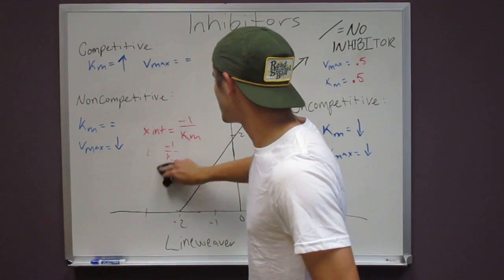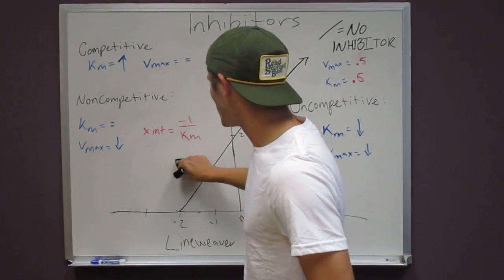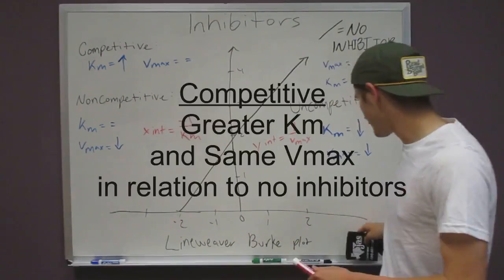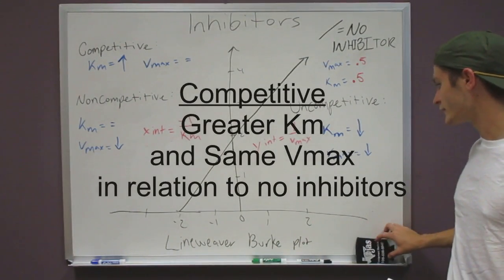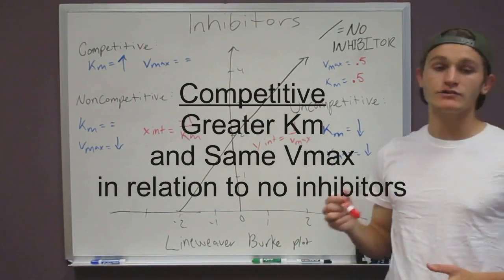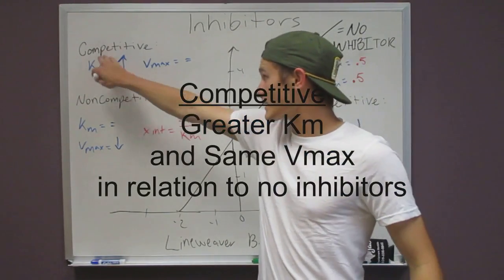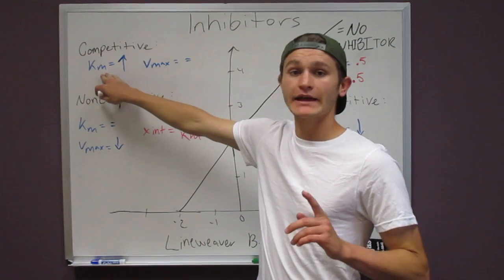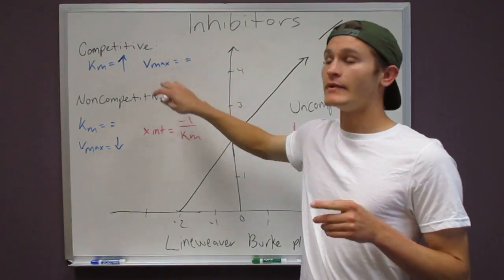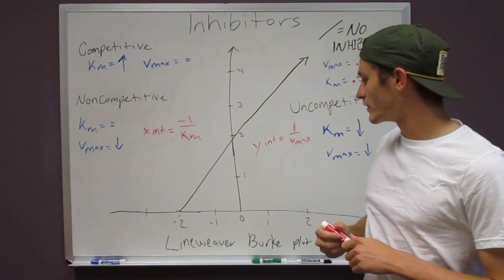So let me show you guys now what a competitive inhibitor looks like on a Lineweaver-Burk plot. And this is also consistent throughout. Consistently, a competitive inhibitor will have a higher Km and an equal Vmax compared to the no inhibitor.